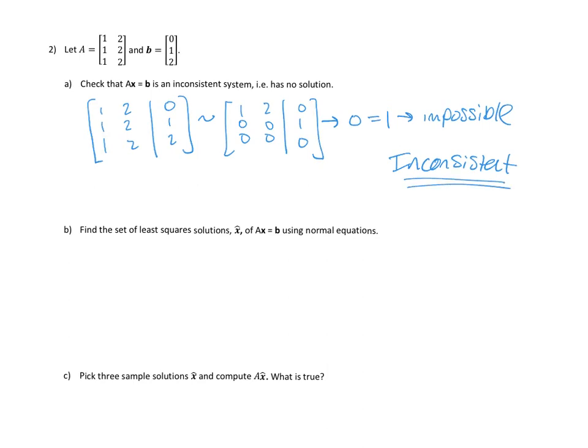Okay, so what I'm going to find is the set of least squares solutions x hat to A x equals B using the normal equations. And remember, the normal equation was A transpose A times x hat equals A transpose B. So A transpose is 1, 2, 1, 2, 1, 2 times A. x hat would be x1, x2.